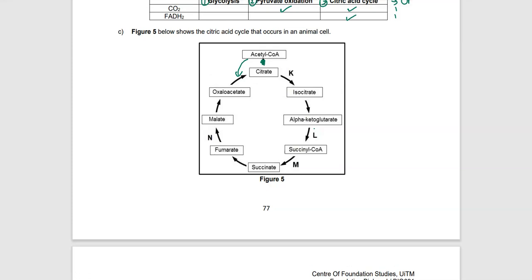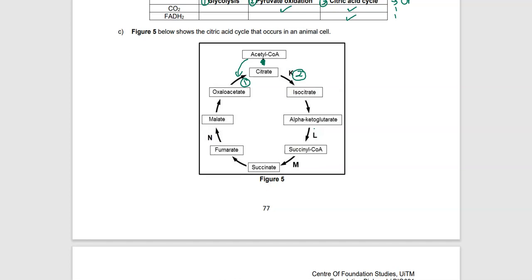So it means that from here is step 1, where acetyl CoA enters into the cycle and combines with oxaloacetate to form citrate. Here is step 2, citrate to form isocitrate.